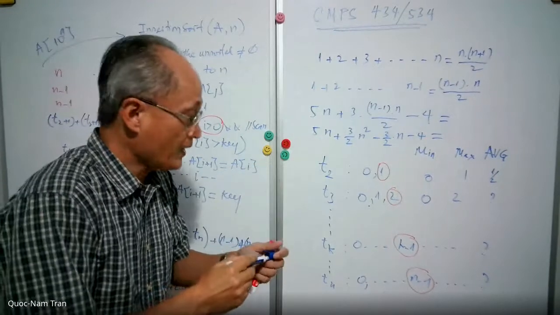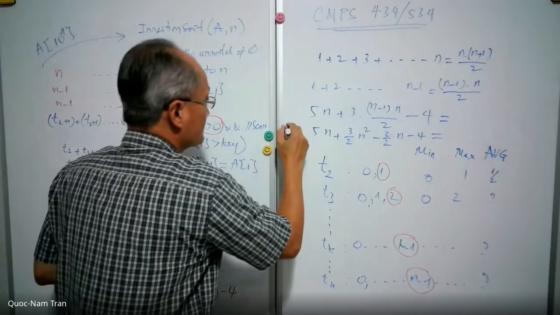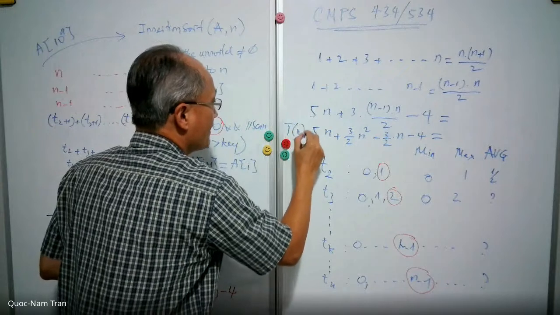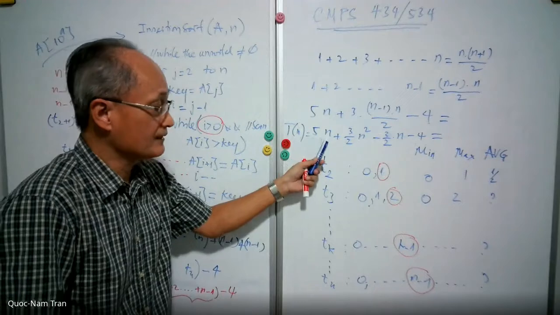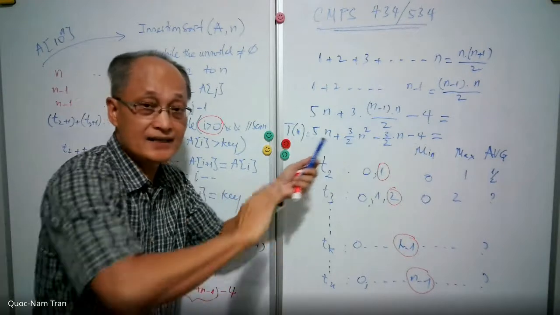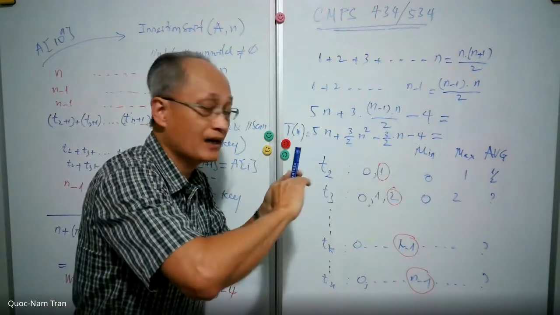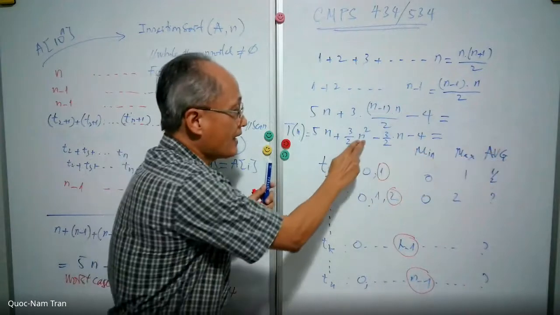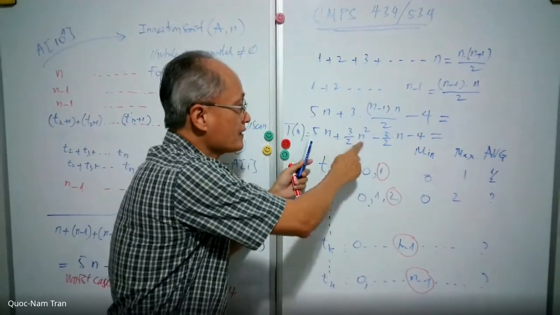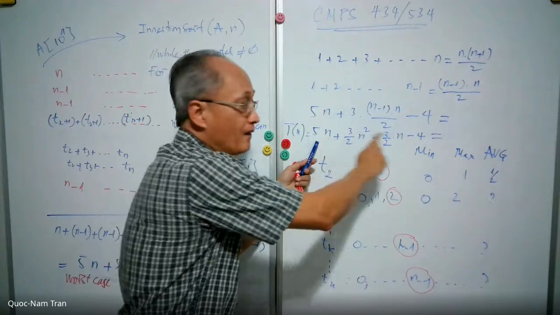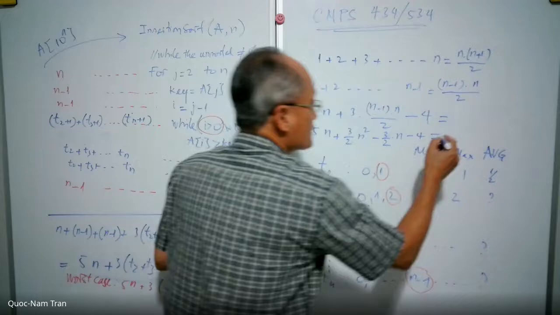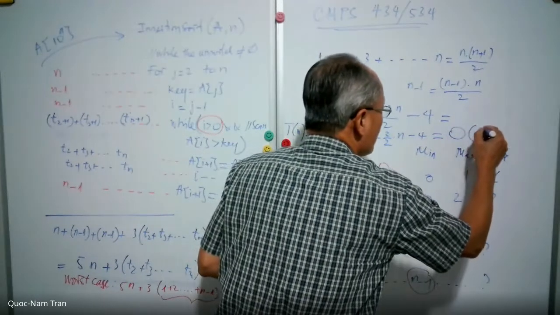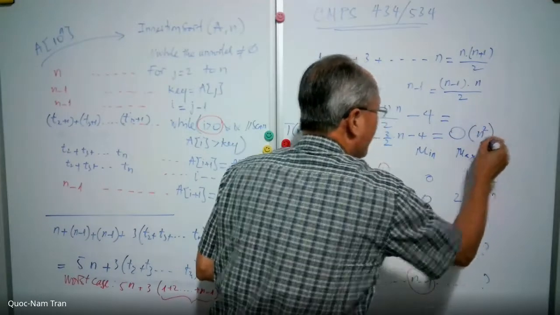Now, we have here Tn is this. So when we have a formula like this, and we know that when n is big, meaning that when n goes to infinity, n squared will dominate the value of n or the value of minus 4, right? So that's why we say that this one is big O n squared.